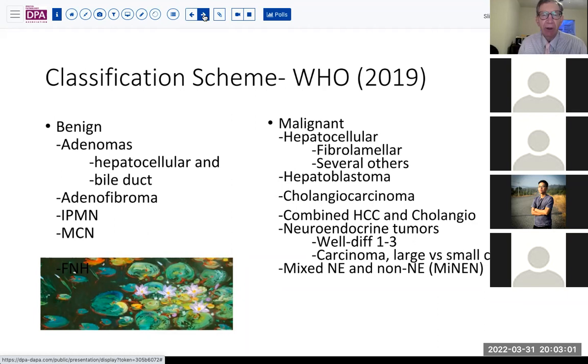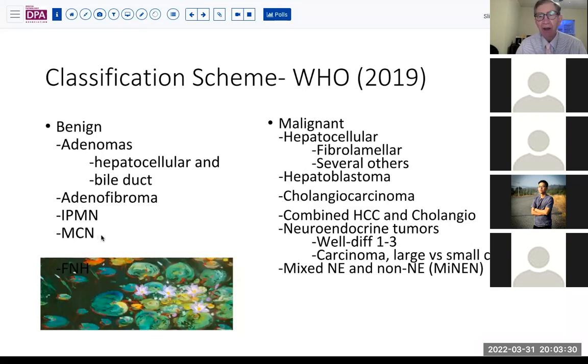And then in the biliary tract, we also rarely see some of the tumors that are more common in the pancreas, like the intraductal papillary mucinous neoplasm, IPMN. That is a low-grade benign mucinous neoplasm that can become malignant. And the mucinous cystic neoplasm that has the ovarian type of stroma.